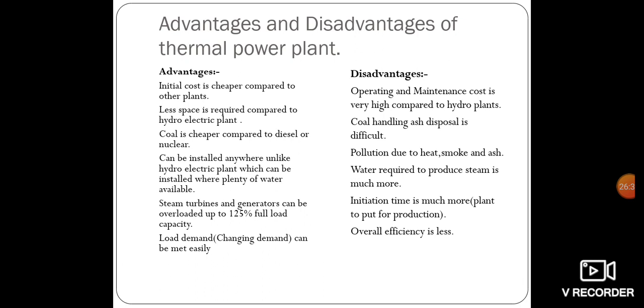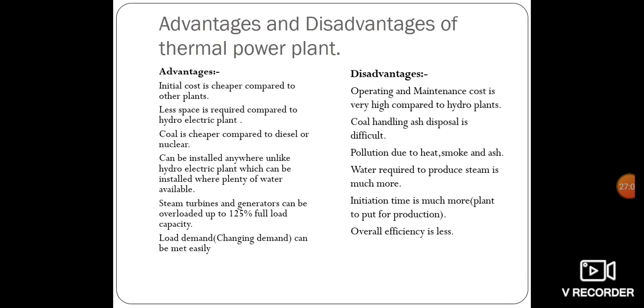Changing load demand can be met easily, depending upon the prime load and the different types of loading. Whenever there is more requirement of load, thermal power stations can be run, and whenever there is less requirement of load, some of the turbines can be shut down. Because of that, changing load can be met easily.